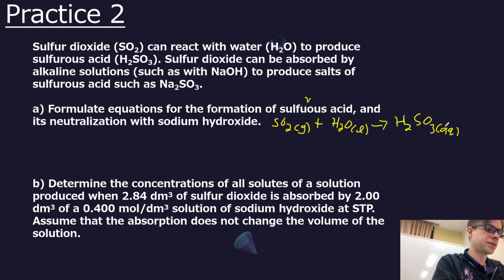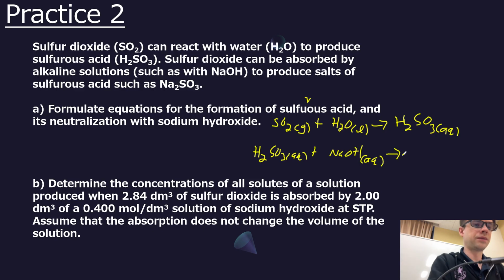So that will be acid plus base, H2SO3 aqueous, plus NaOH, aqueous, goes to our sulfite salt, sodium sulfite. We'll need 2 of those to balance the sulfite 2- charge. Aqueous and water.